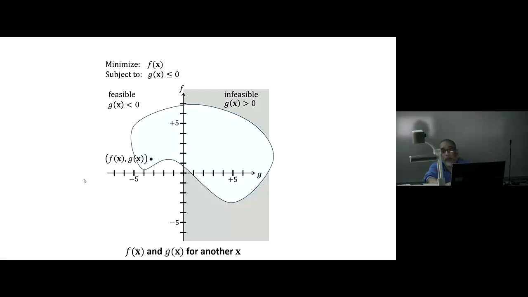That will give us another point in this blue region, the range. Yeah? Is it necessary that f of x and g of x both are bounded regions? It's not necessary. But at least f of x must be lower bounded because we are looking for a minimum. Right? So at least in the left half plane, it must be lower bounded. Otherwise, the minimum in the feasible region would be -infinity. Okay, that's the only thing that we need to pay attention to.